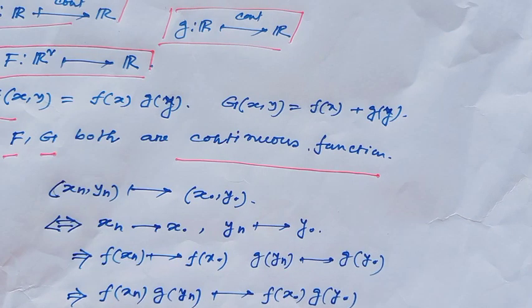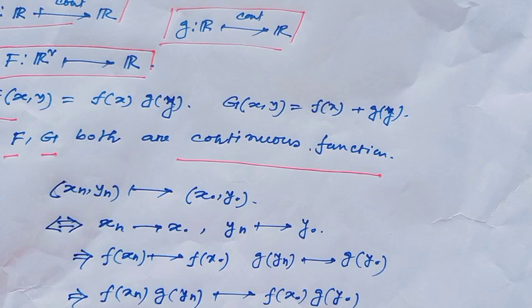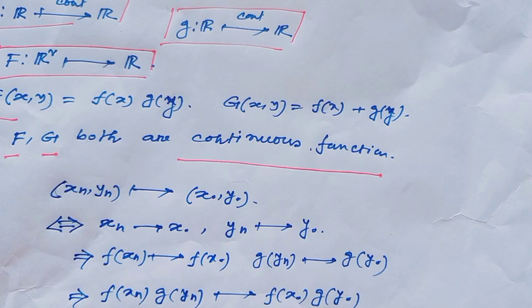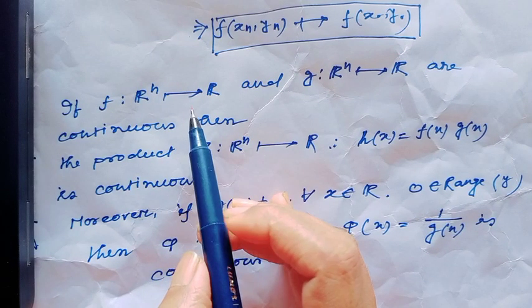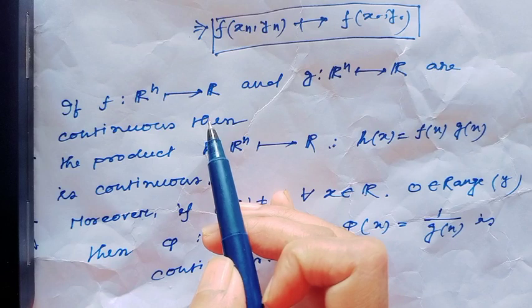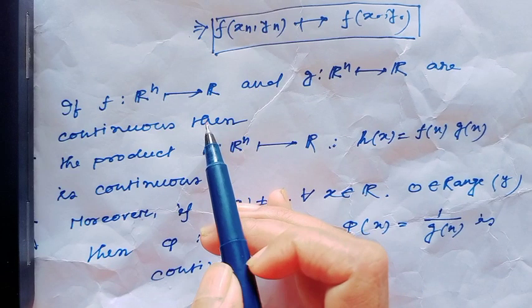Our next question, similar to before, I will leave this type of question just as an exercise. Just see the question. Same proof. But here the question is not for R², here the question is for Rⁿ.